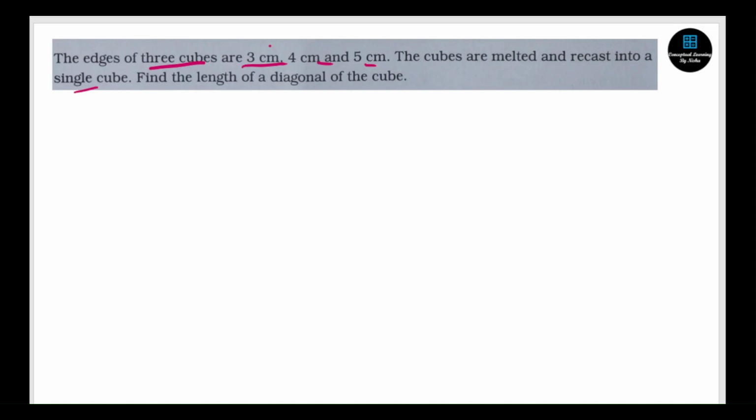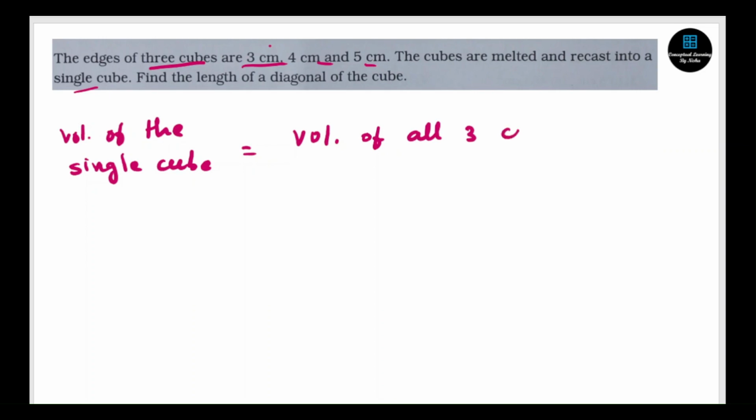So basically the volume of the single cube is the volume of these 3 cubes. Alright, so we'll write this. So volume of the single cube equals volume of all 3 cubes.